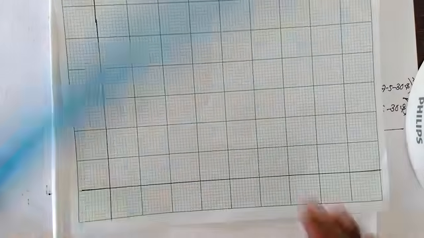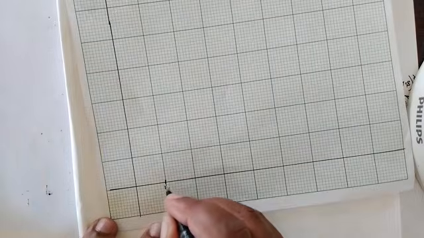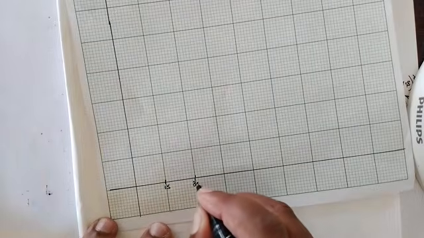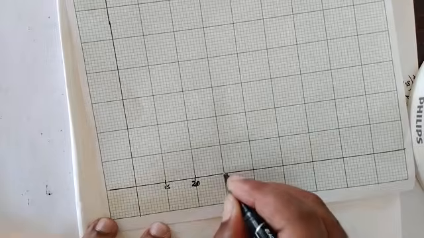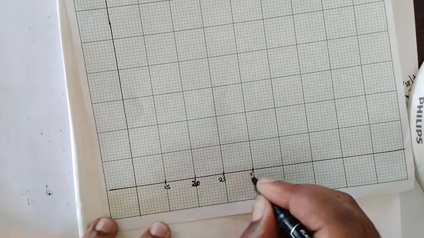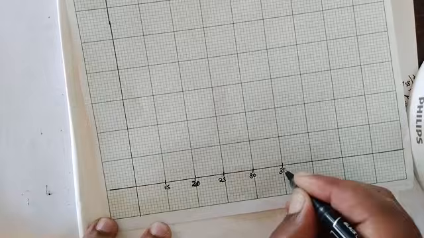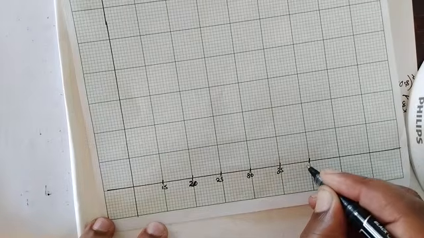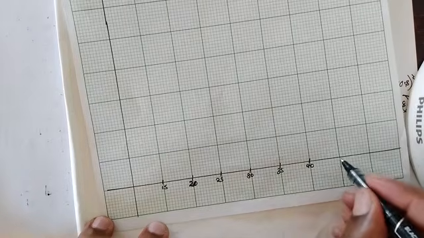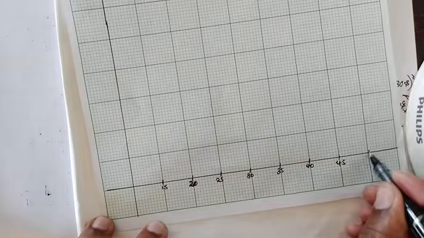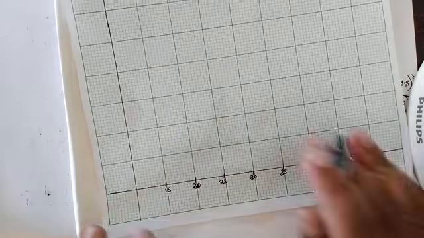Here you say 15, 20, 25, 30, 35, 40, 45, 50. Take note that the x-axis is for the marks, so you can say marks.